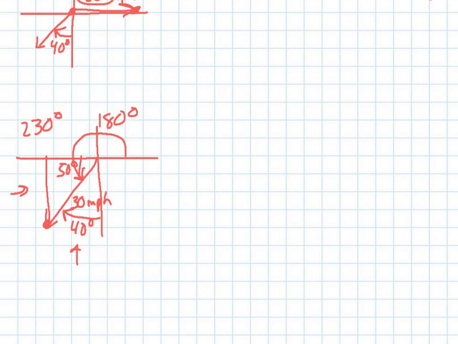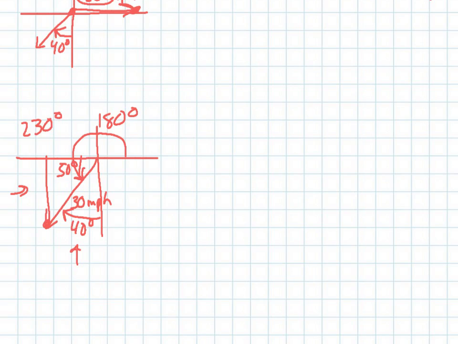You could use 50, but you have to remember that you're in the third quadrant, where your x and your y are both negative, so both components need to be negative.